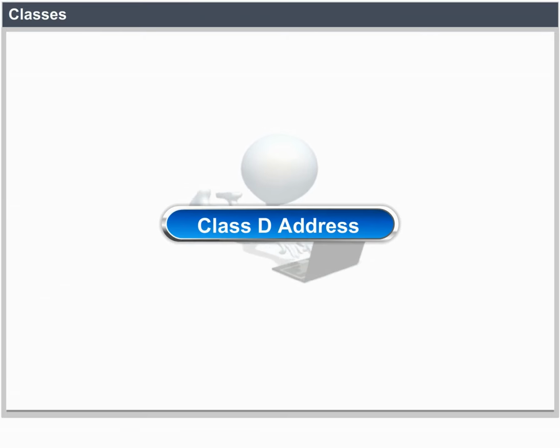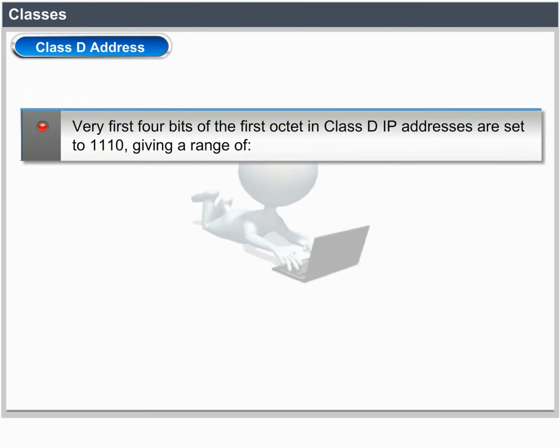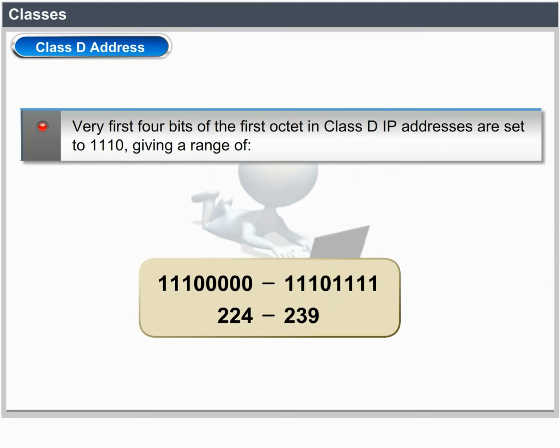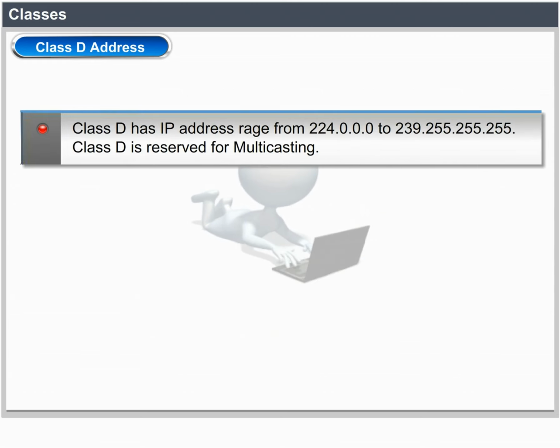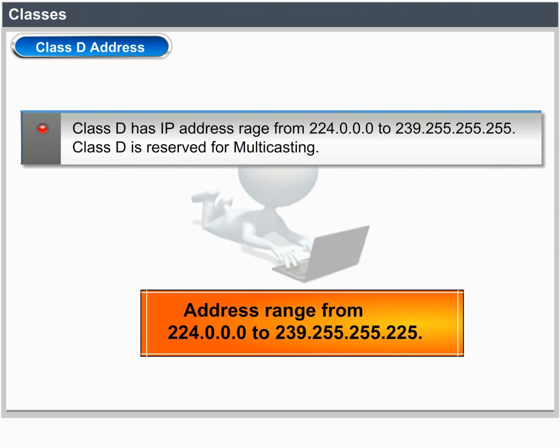Class D addresses. The very first 4 bits of the first octet in Class D IP addresses are set to 1110, giving a range of Class D IP addresses from 224.0.0.0 to 239.255.255.255.